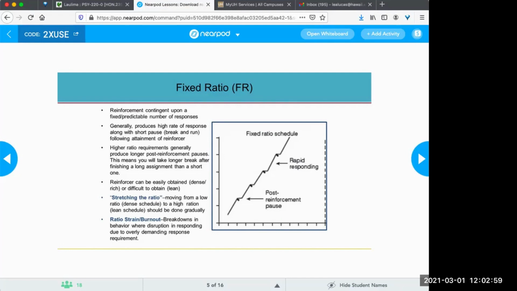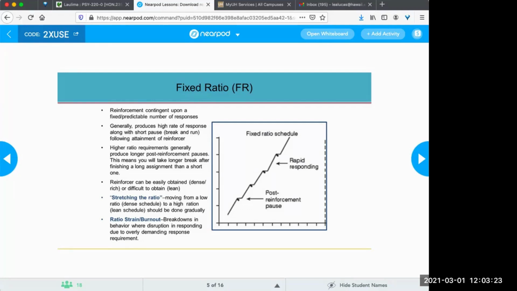That means the person or animal that we are rewarding must do a fixed number of responses, 5 responses, 10 responses, 20 responses, before they get their reward. So it's on a fixed ratio, a fixed number of responses.